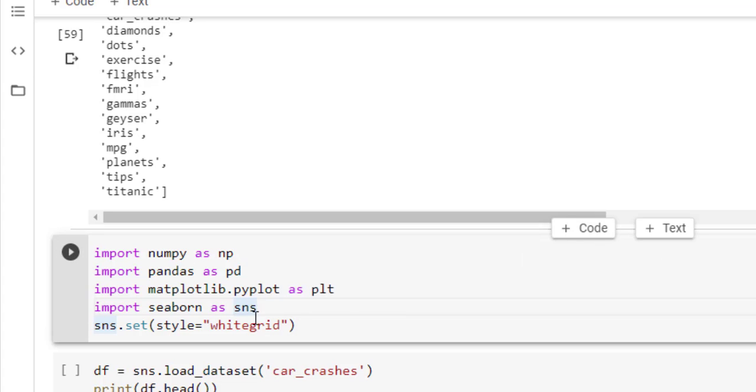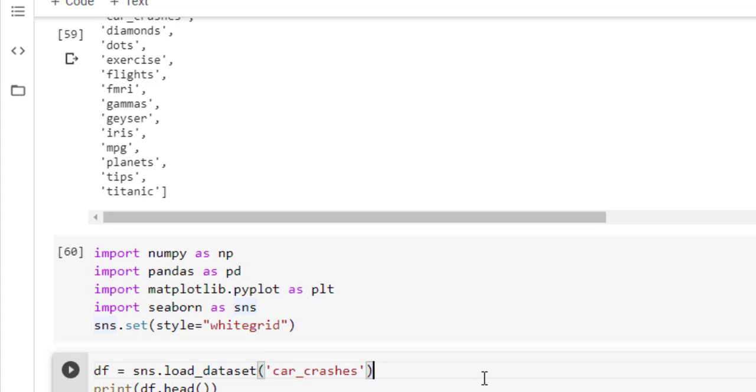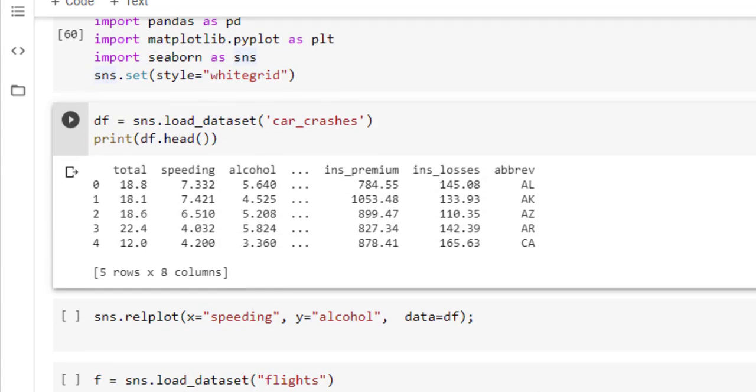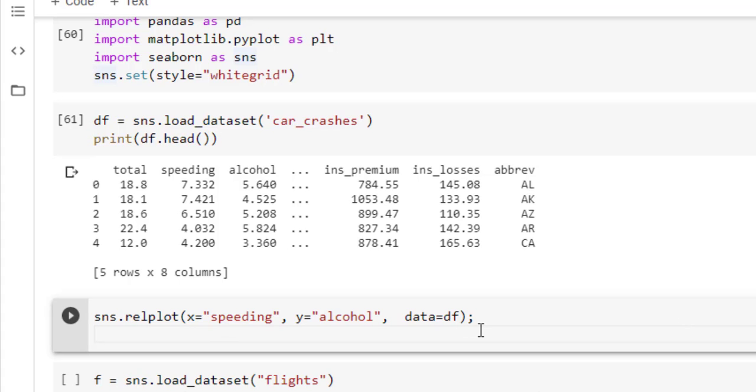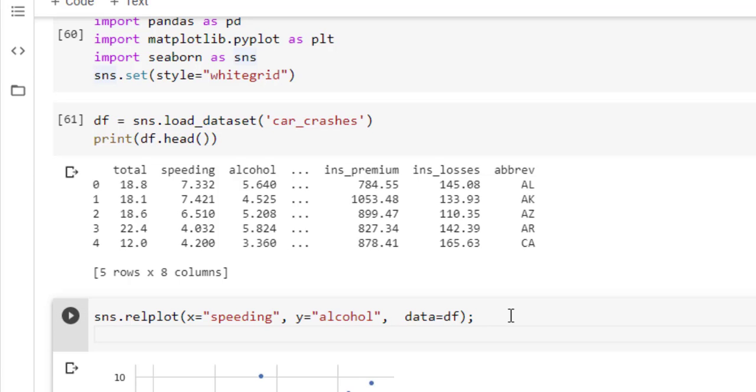As Seaborn is a visualization technique built upon Matplotlib, Matplotlib is imported here, and different styles can be used like whitegrid, darkgrid or anything.